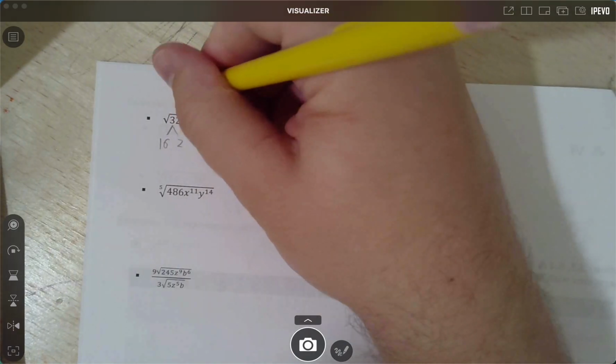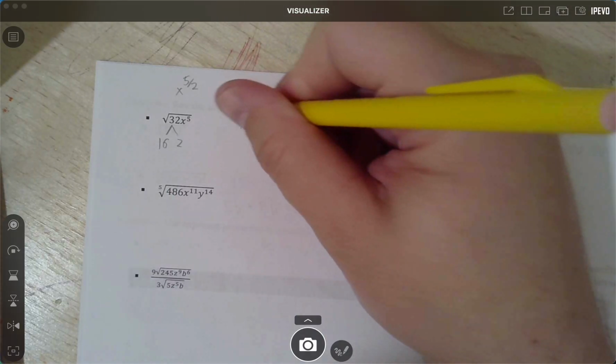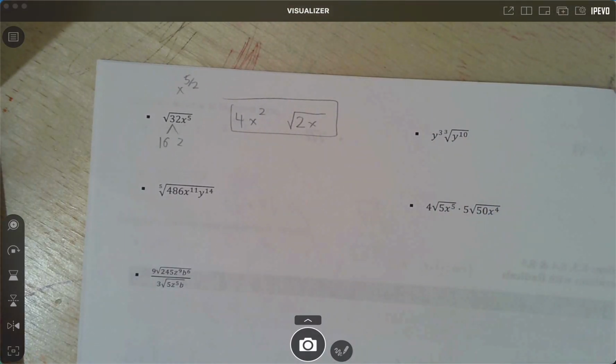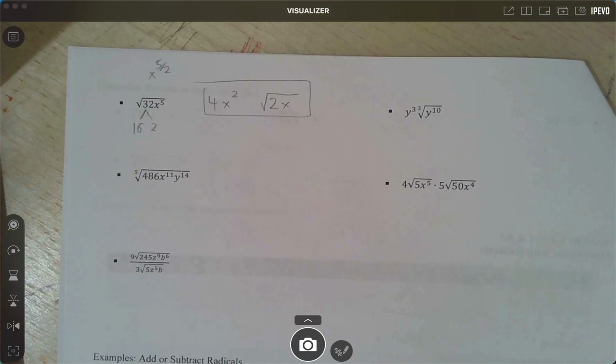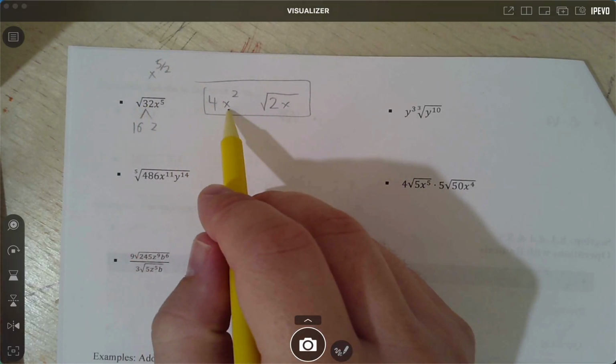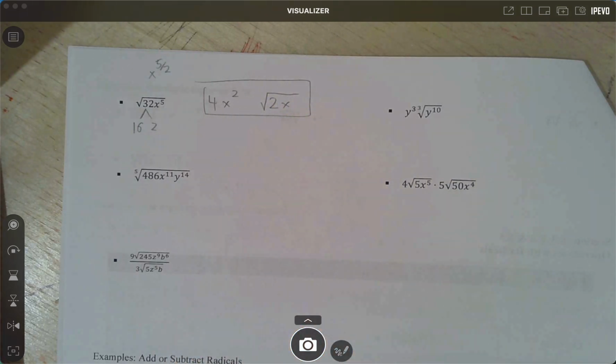Now similarly, this is x to the 5 over 2, which means I have 2 and 1/2, and that's my answer. Now those should be written right next to each other in your final answer, but for now I'm not going to write them directly next to each other. But the idea there is, again, I used the mixed number approach where I said this is 5/2. 5/2 is 2 and 1/2, so 2 on the outside, 1 left in the half root.